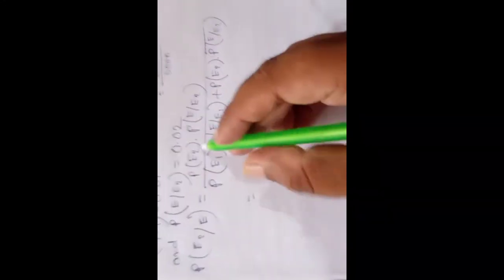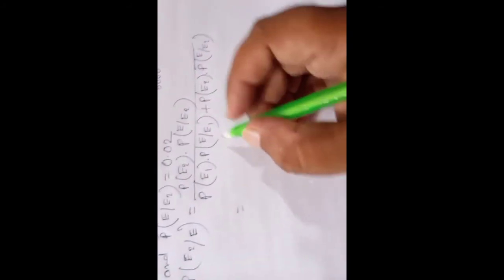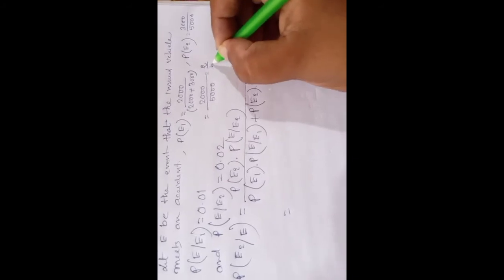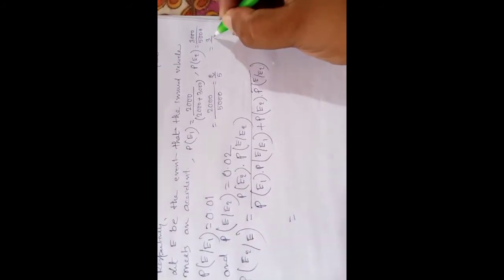Now P of E1 is 2 by 5 and P of E2 is 3 by 5.